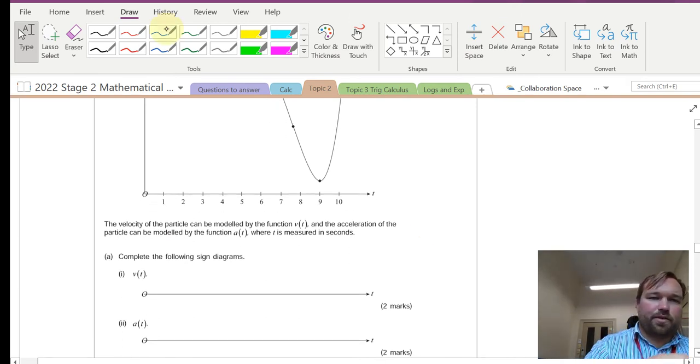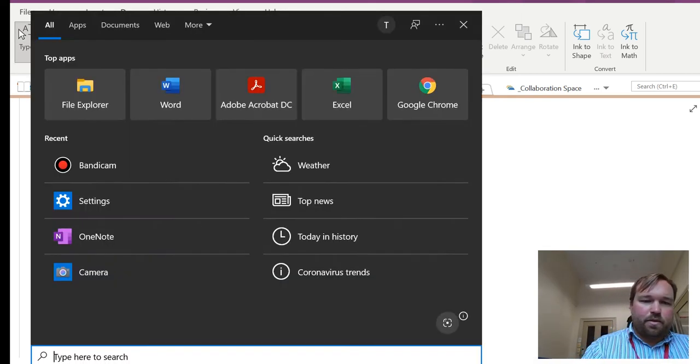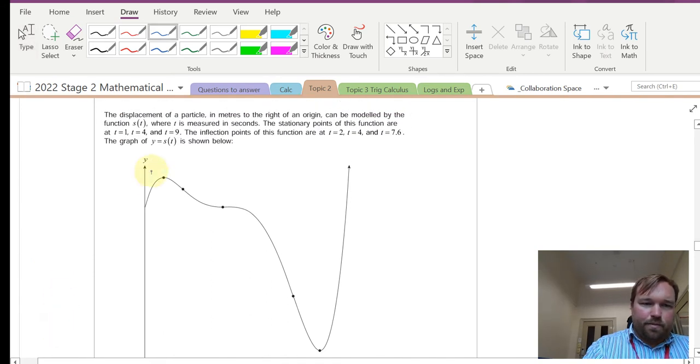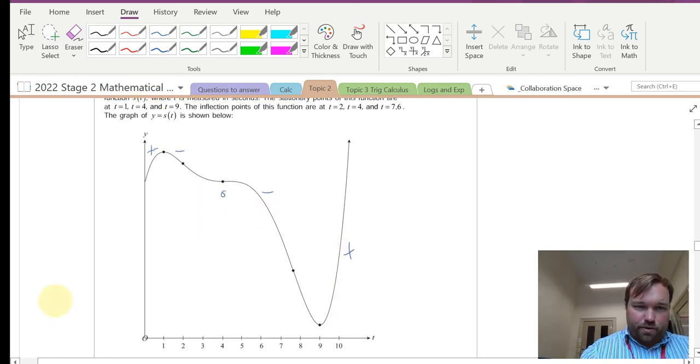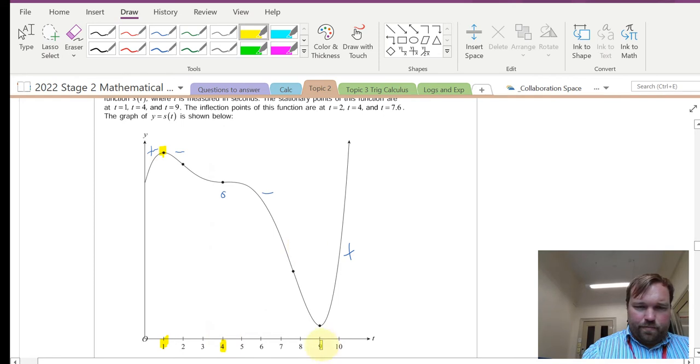V(t) is equal to s'(t). We basically want the sine diagram of the first derivative. So the key points we're interested in are 1, 4, and 9.